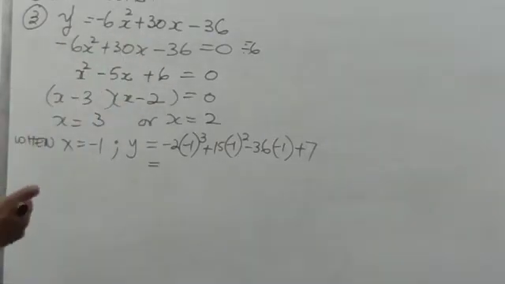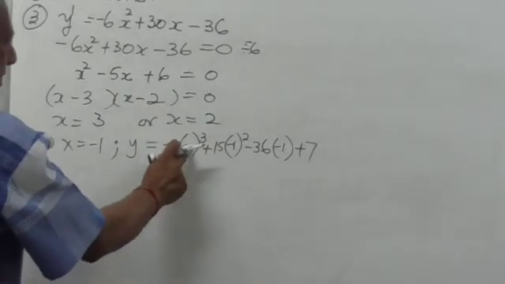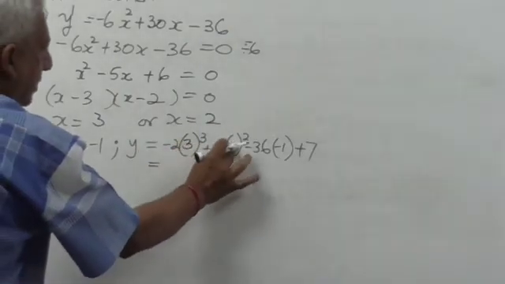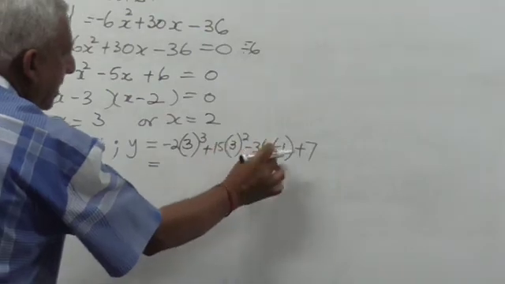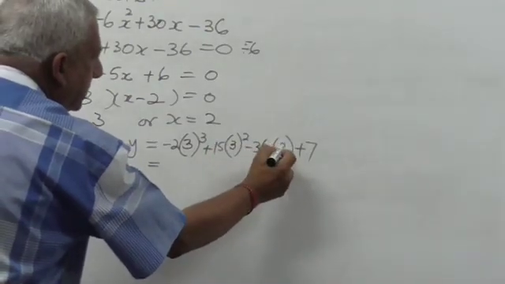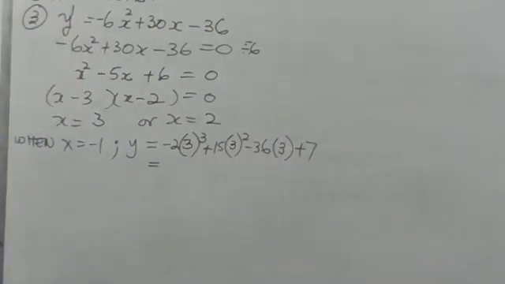So this is supposed to be 3. When you put that in the calculator, you will get the answer. Let's put it in the calculator.